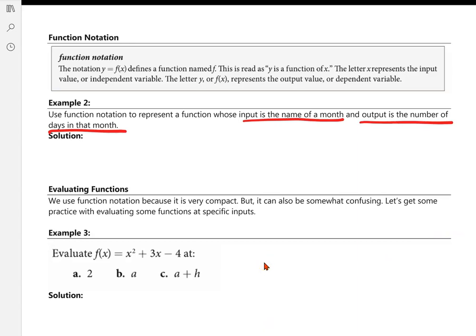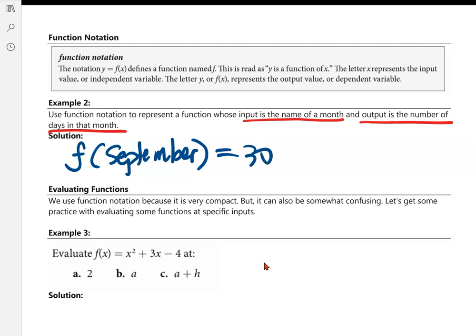So let's say, for example, this month is September, so you can say f of September, and there are 30 days in September. So this is your input and this is your output.